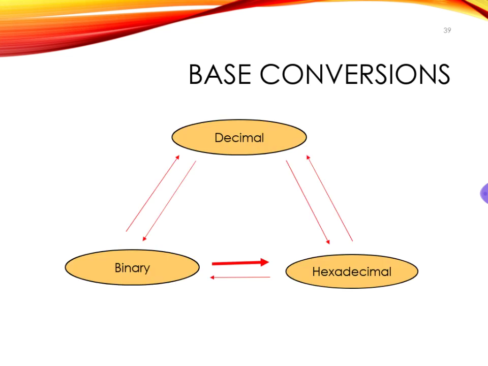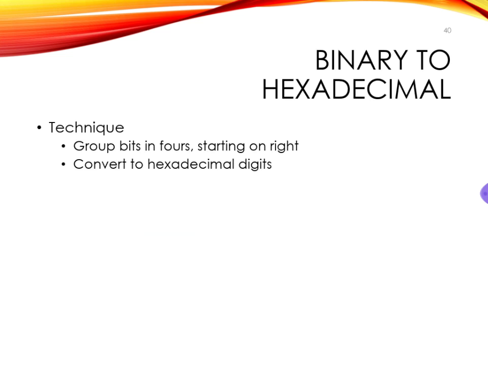Now the other way around, converting binary to hexadecimal. If we follow how we converted hexadecimal to binary, it is just the other way around, and that is we group the binary in bits of 4 starting from the right and convert each of these 4 bits into hexadecimal digits.